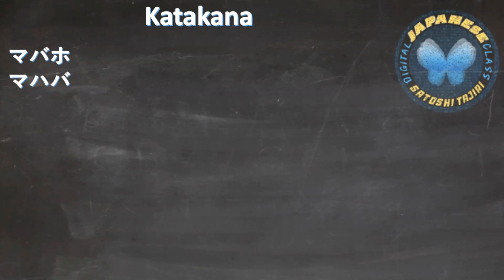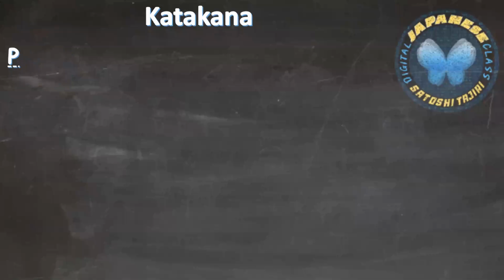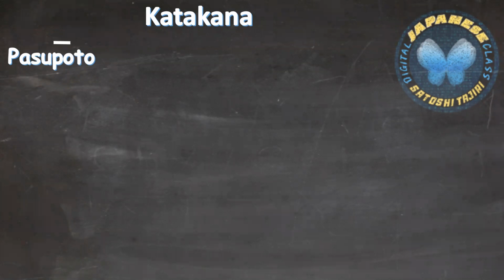So we have already the ten-ten. Now you can recognize the ten-ten and so on. Let's go with our first word, pasupōto, but this one has a ten-ten here. Pasupōto means passport.